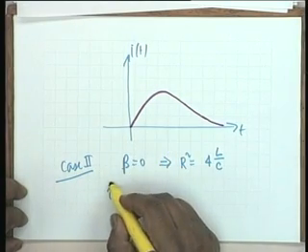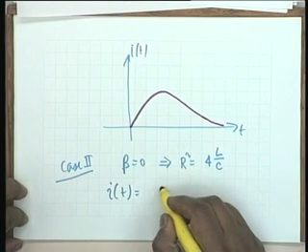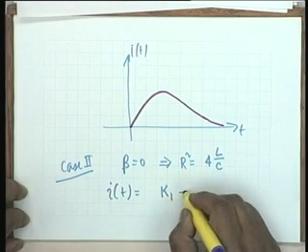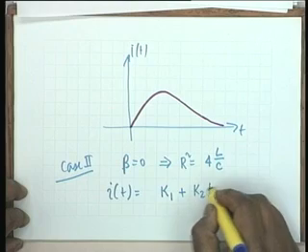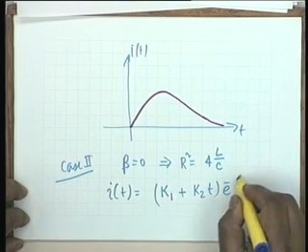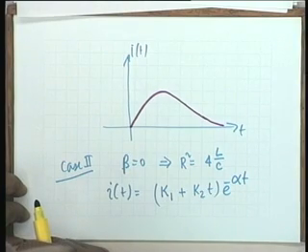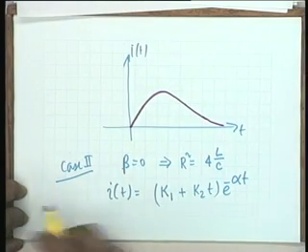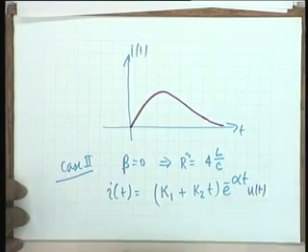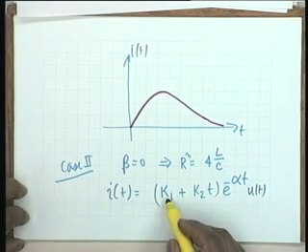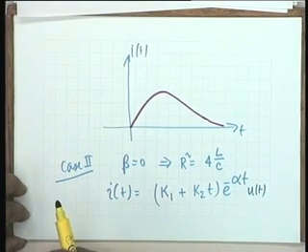The solution for current I of t will now be of the form k1 plus k2 t multiplied by e to the minus alpha t, u of t. Is it agreed? Now, the problem is to find k1 and k2.